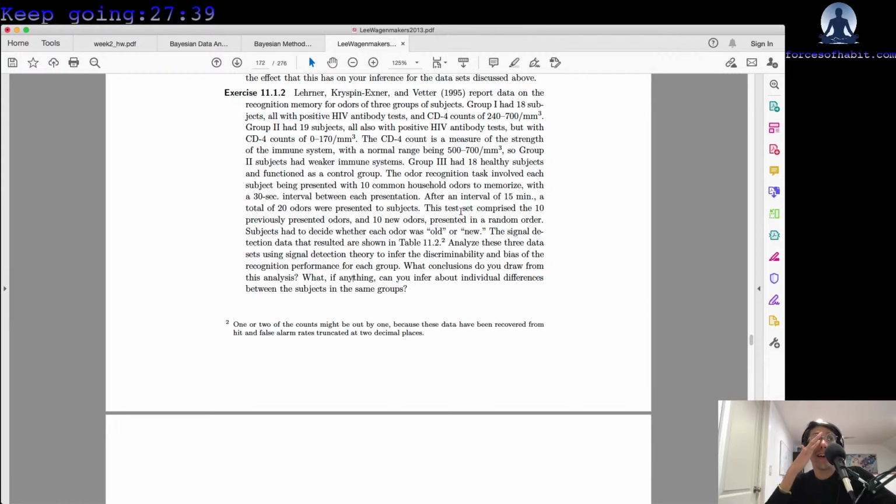So it might be the case that in our particular subject pool, for the low CD4 count, we have some subjects who are driving the discriminability results here.